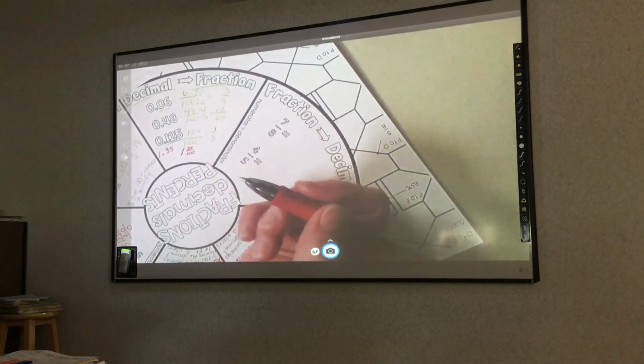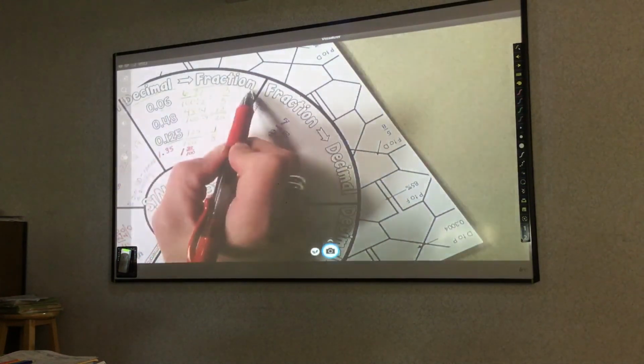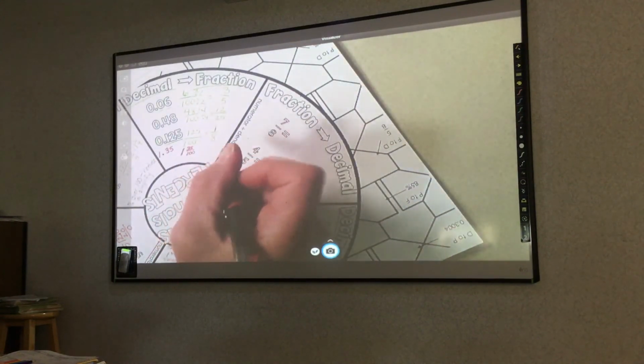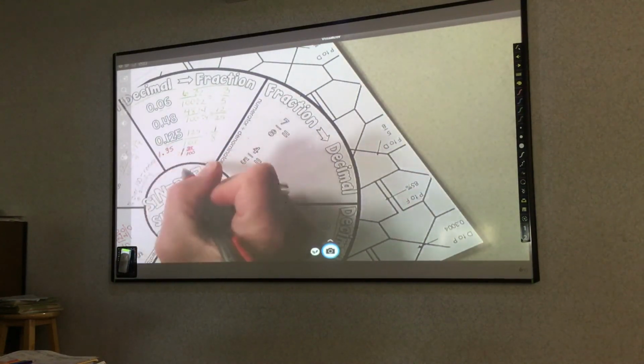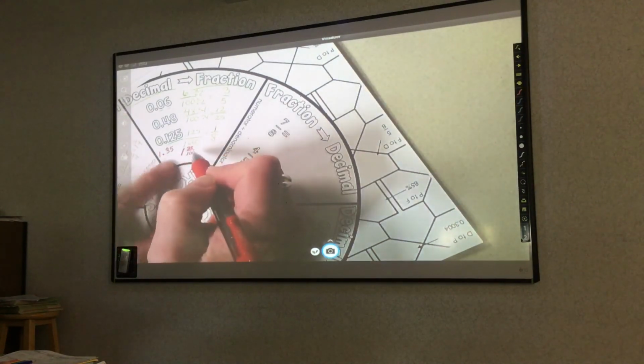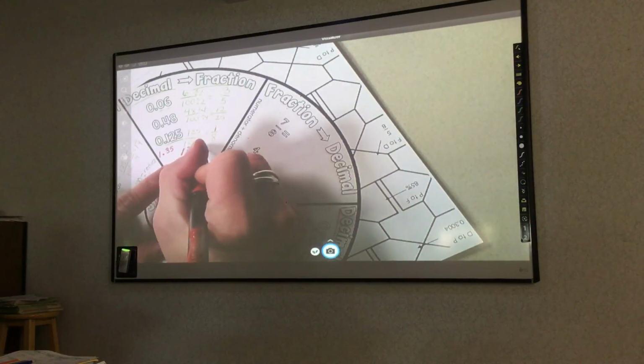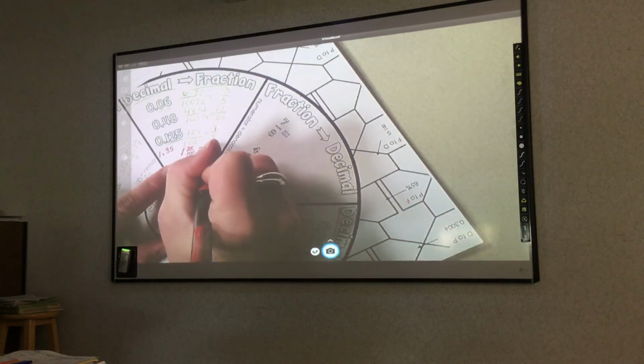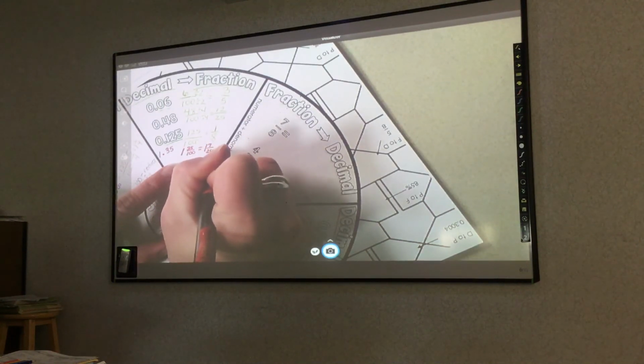Well, we're just making it a fraction, sorry. I'm trying to get ahead of myself. And then I'm gonna reduce the 35 hundredths by 5, right? So 1 and 7 20ths.